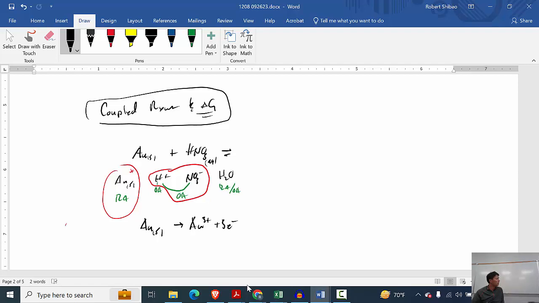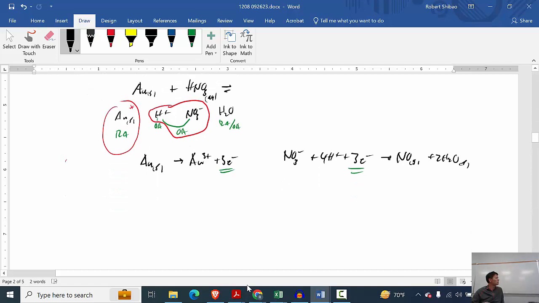And then we know that the half reaction for nitrate and 4H+ is on our standard chart, plus 3 electrons. This is going to go to NO gas plus 2 H2O liquids. In this case, 3 electrons are produced and 3 electrons are consumed, so we don't have to multiply these by some factor. We're just going to combine them straight.